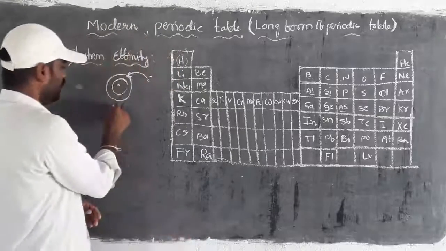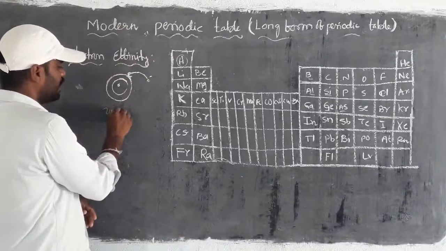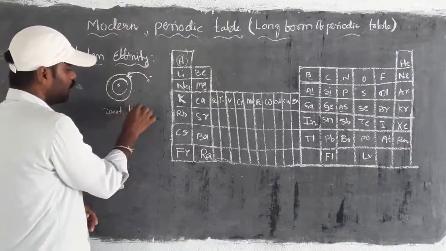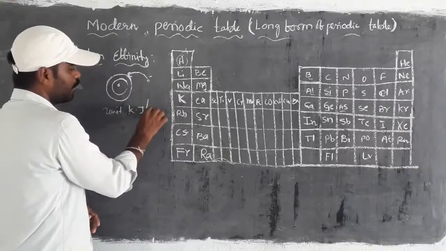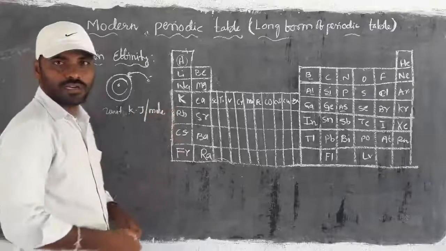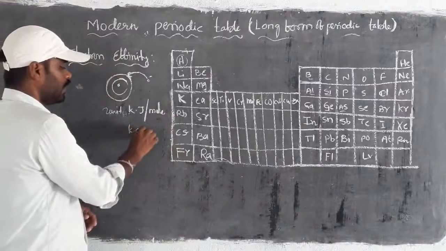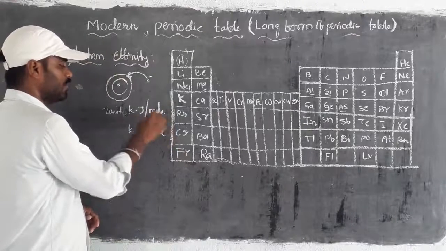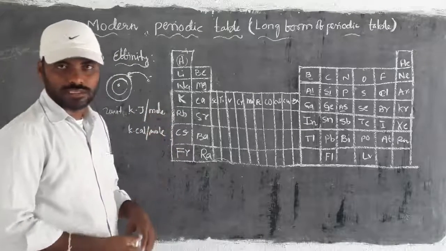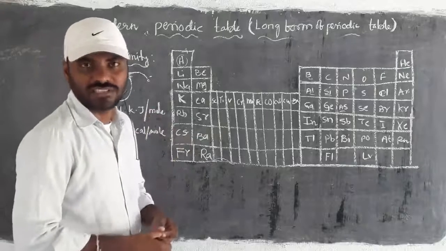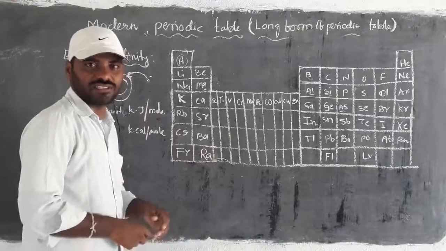It has the same units as ionization energy, that is kilojoules per mole, or else kilocalories per mole. Kilojoules per mole is the SI unit, and kilocalories per mole is the CGS unit, right? What we discussed yesterday.